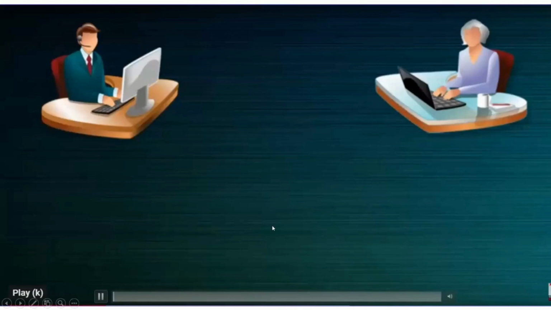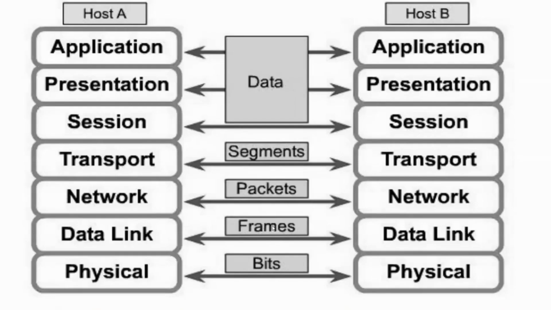Okay, so you can see here the data unit for these layers. What does data unit mean? Suppose I'm taking an example: you want to send a courier from Delhi to Mumbai, and the courier is a box.